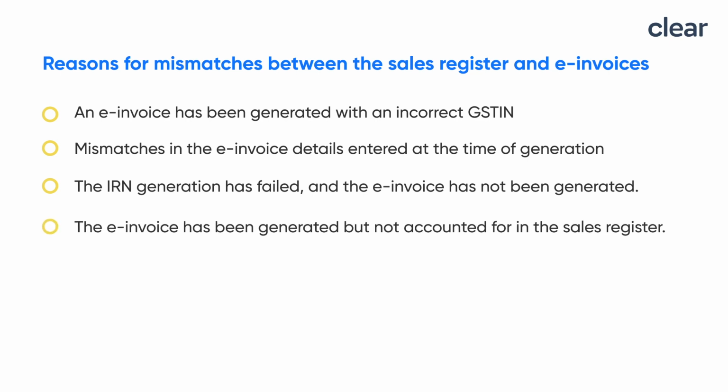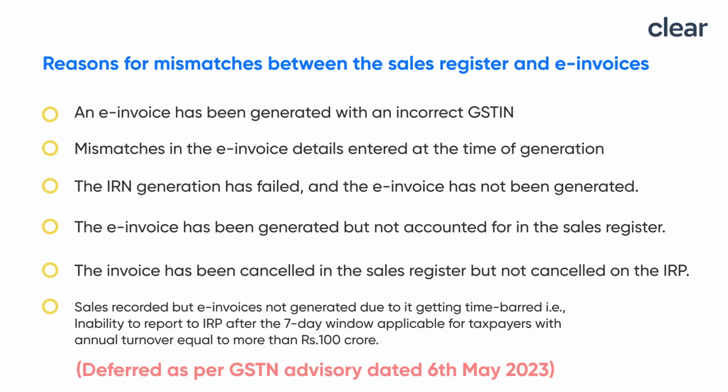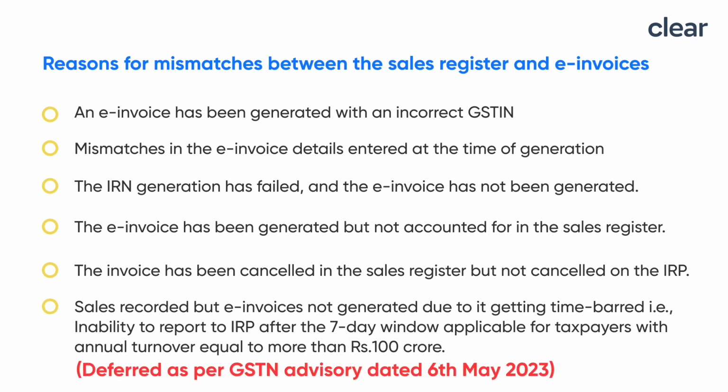The e-invoice has been generated but not accounted for in the sales register. The invoice has been cancelled in the sales register but not cancelled on IRP. Sales recorded but e-invoices not generated due to it getting time barred, that is, inability to report on IRP after the 7-day window applicable for taxpayers with an annual turnover equal to or more than Rs 100 crore with effect from 1st May 2023.